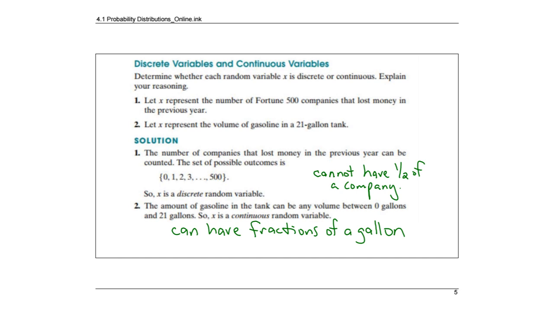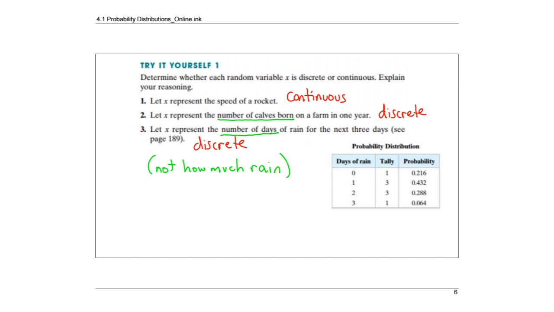And then we have the volume of gasoline in a 21-gallon tank. So even though it's a defined 21 gallons, we can have fractions of a gallon, and therefore it's going to be continuous because we could have all kinds of different fractions between the 0 and 21 gallons. Okay, let's look a little more.